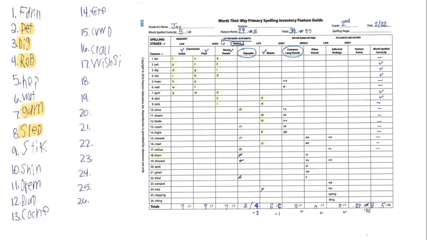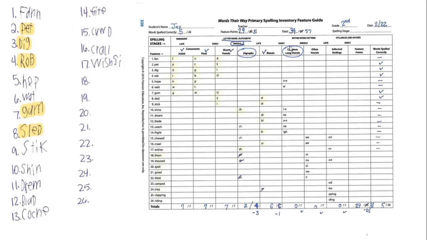And so this is how we are scoring the assessment and how we then analyze it to tell us what stage the student falls into in spelling. And so in this case, we see based on where he begins to make some mistakes, he falls into the letter name alphabetic stage in the middle stage there. But we see evidence that he's very close to this within word pattern early stage.